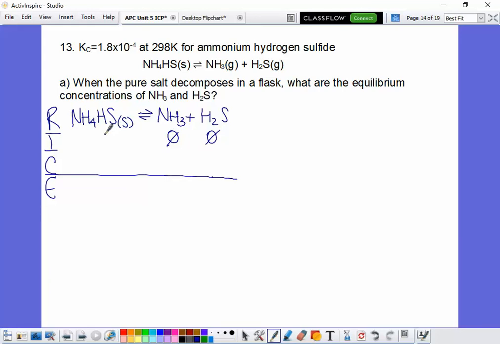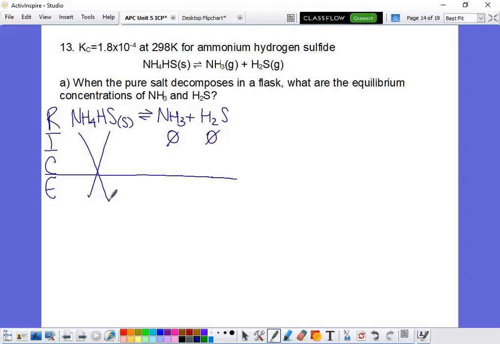Does it say? No, it doesn't matter. Why doesn't it matter? Because it's a solid, so we can actually just cross that out. It's still in the reaction because without it, the reaction wouldn't occur because we'd have nothing to decompose, but the amount of it doesn't matter. All that matters is the equilibrium constant.